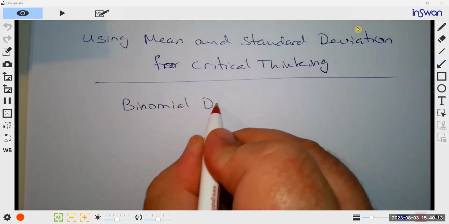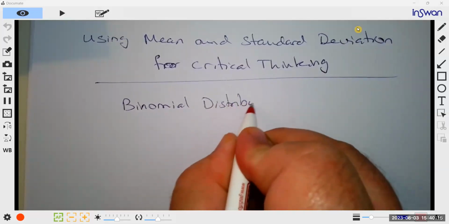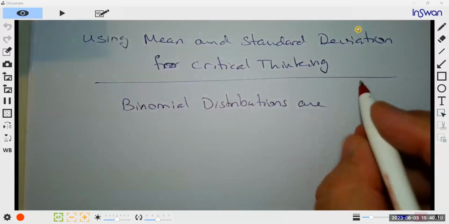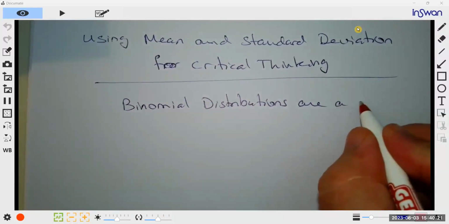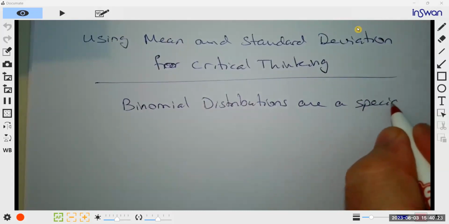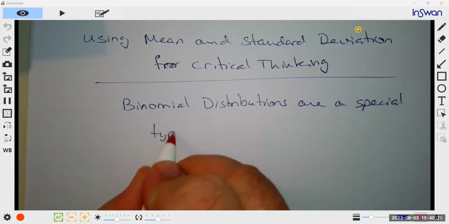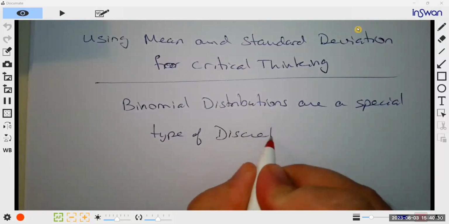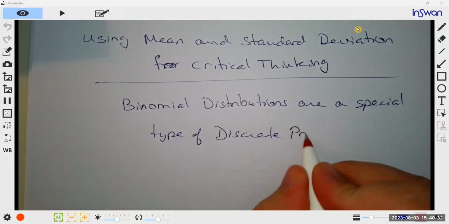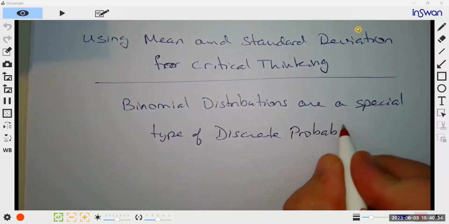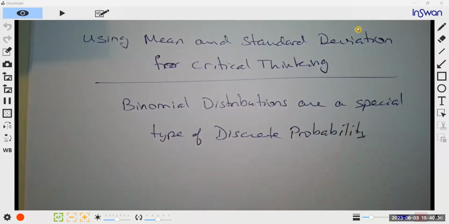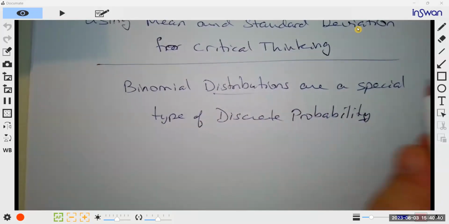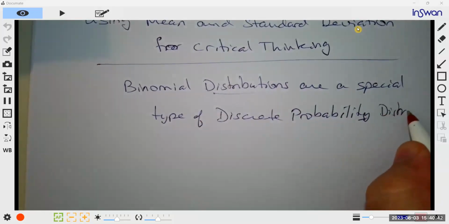Binomial distributions are a special type of discrete probability distribution.